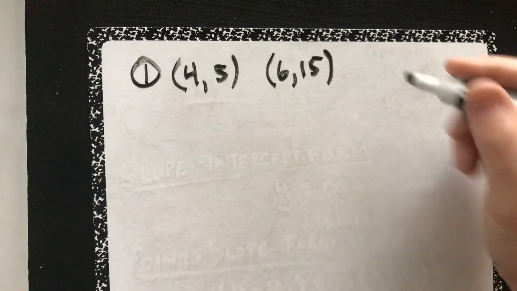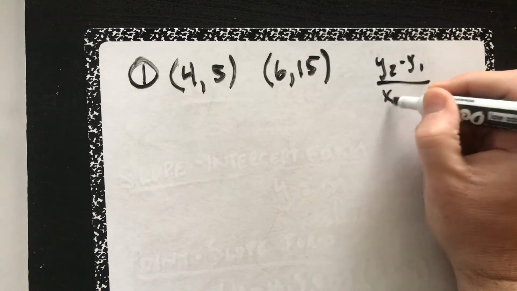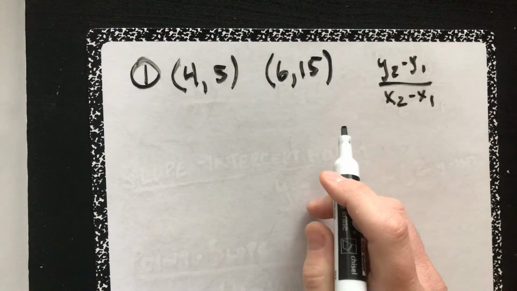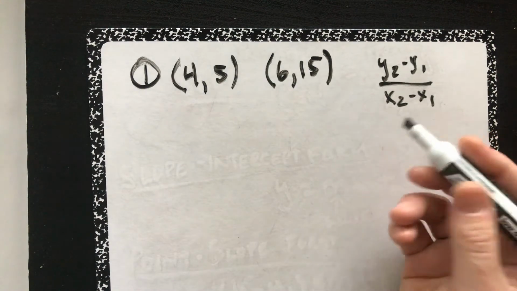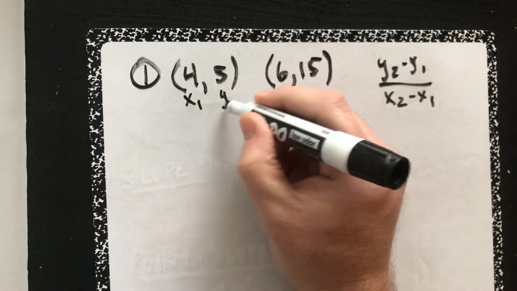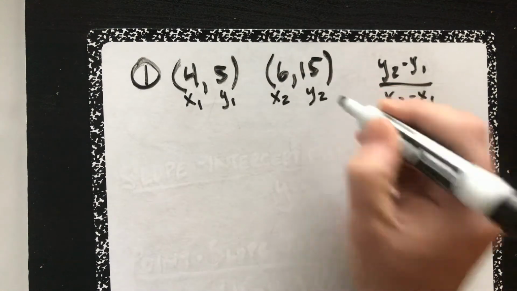Well, remember, slope is y sub 2 minus y sub 1 over x sub 2 minus x sub 1. Now, it doesn't matter what you label first, but whatever you label first, you have to follow suit. So if I call this x sub 1, this has to be y sub 1. This would then be x sub 2, y sub 2.